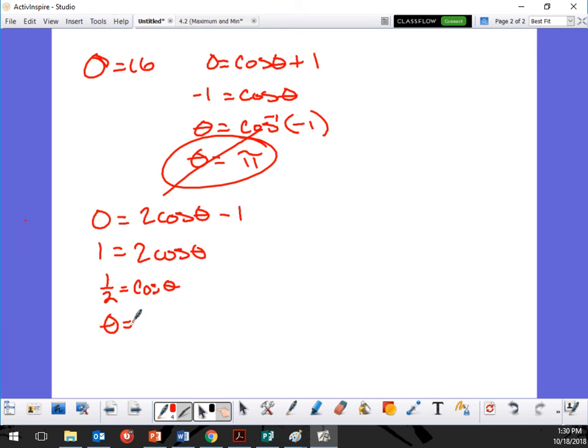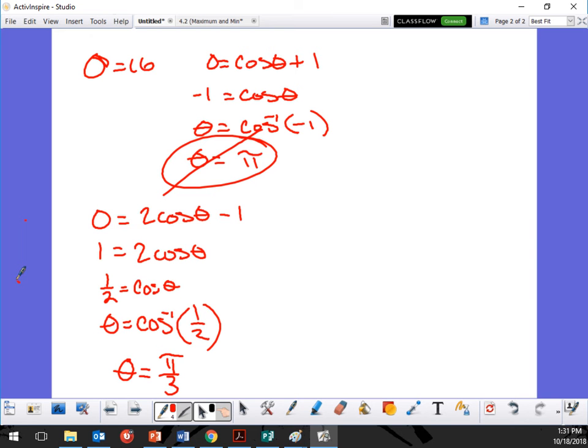So theta equals inverse cosine of 1/2. Where is cosine going to be equal to 1/2? Pi over 3, right? So theta equals pi over 3.